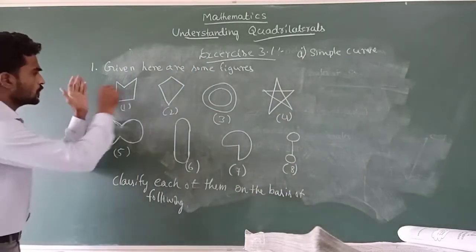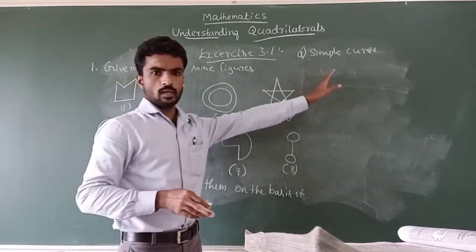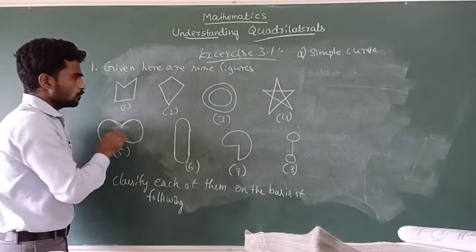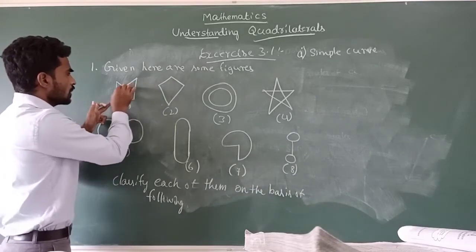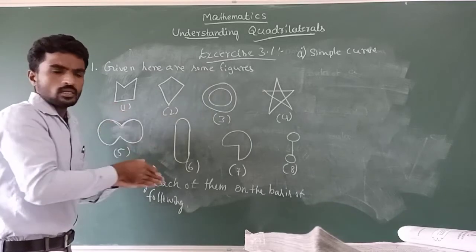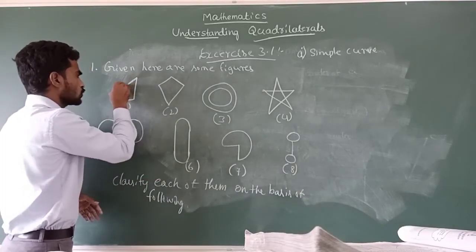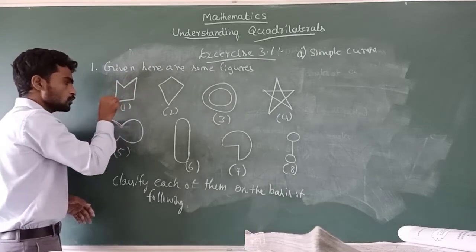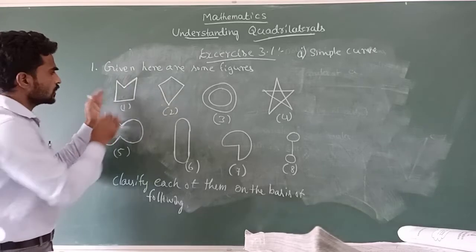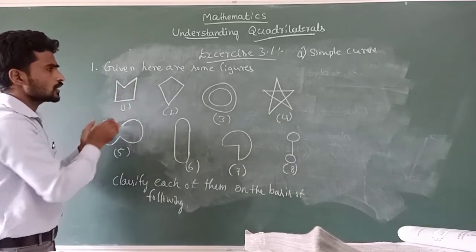I will go for the first one. We already know that a simple curve means the line segments or curves do not intersect themselves. Here, starting from this side and going around, it again comes to the same point, but there are no intersecting curves here.